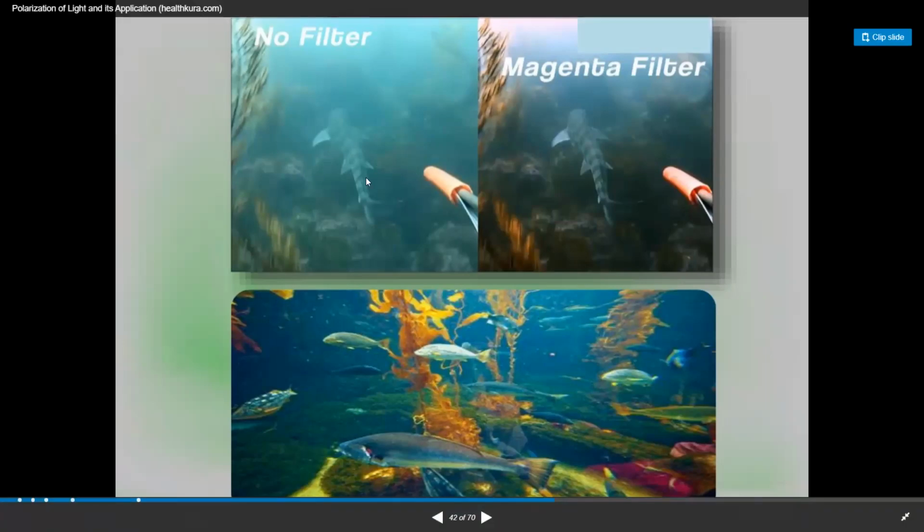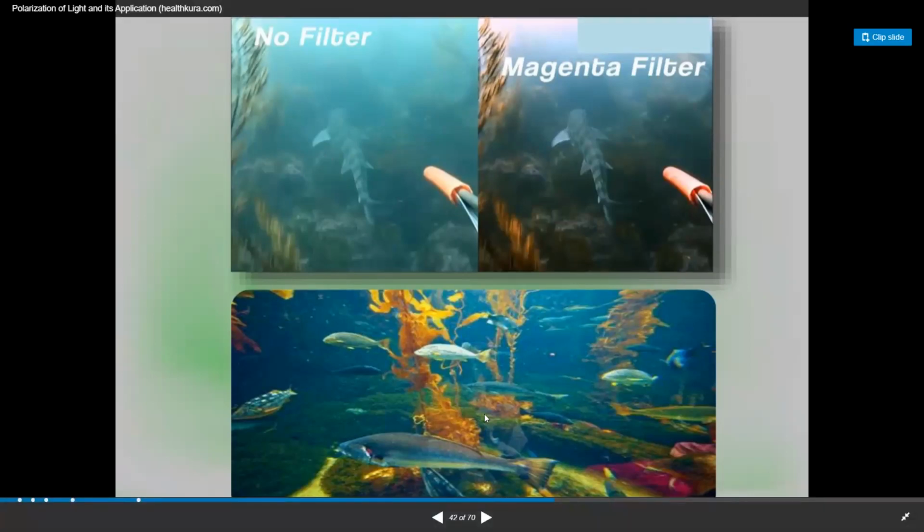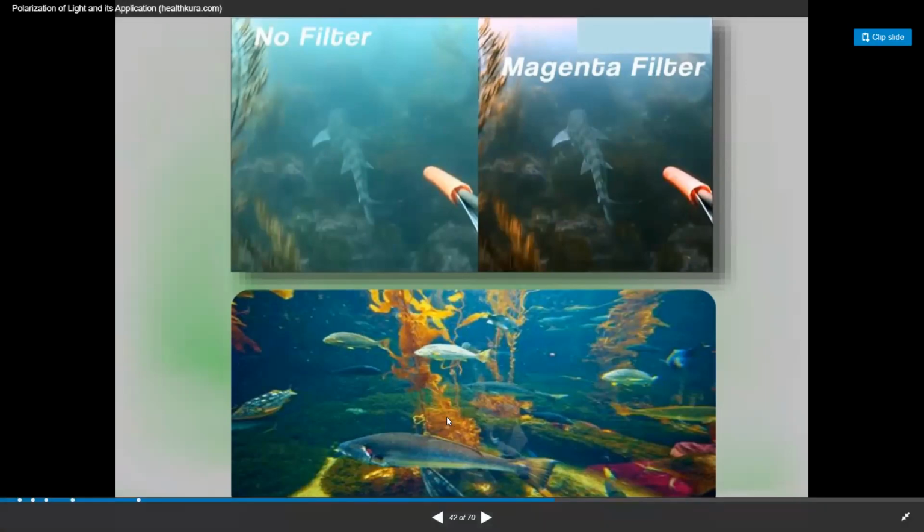This is the photograph without use of tourmaline and calcite filters. But here the picture is very clear, obtained by using polarized filters. It is very nice compared with the one without a filter. That is one of the applications of polarization in photographic pictures.